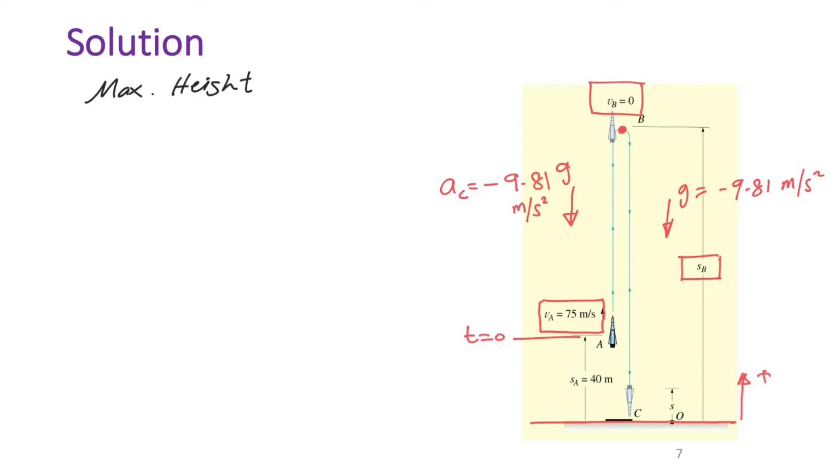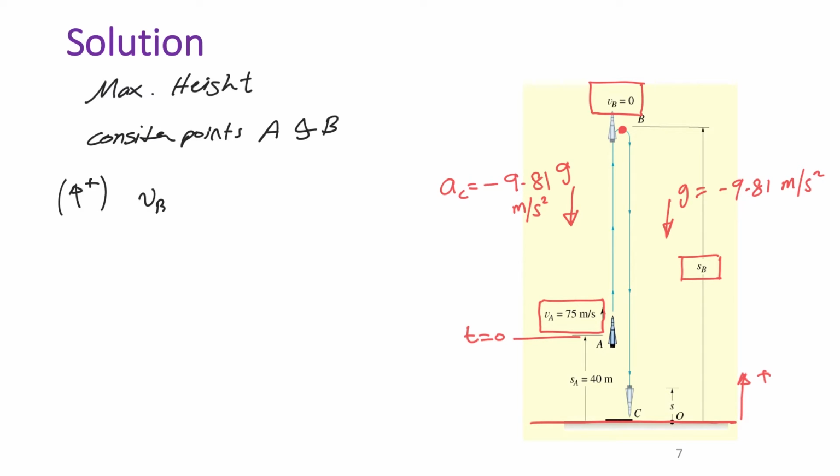And what are we going to do for the first part? We are going to consider points A and B. We are going to assume again that upward is positive. That's our direction.